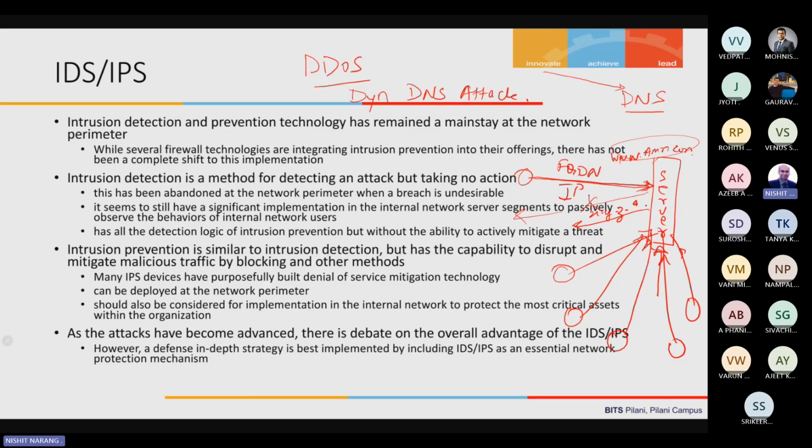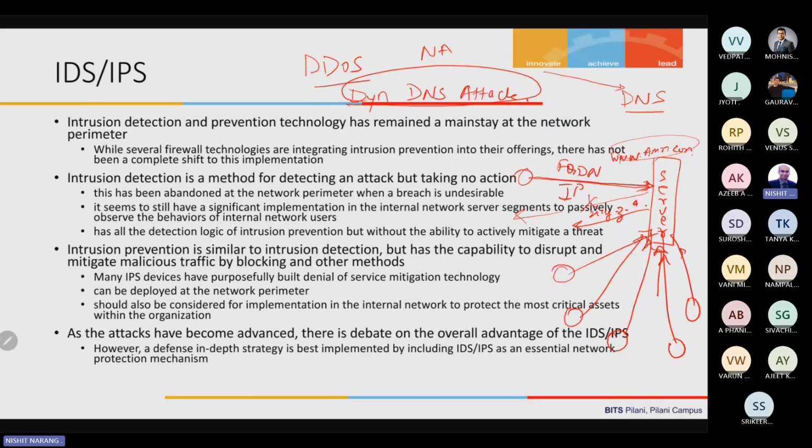The reason is because the IP address could not be resolved. But you believe the internet has gone down. In reality, it's an attack being executed against a DNS server. So the Dyn DNS attack was such an attack that was executed, which brought down a major part of the North American internet access.